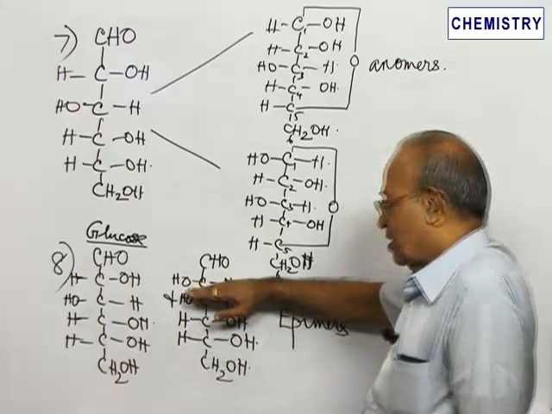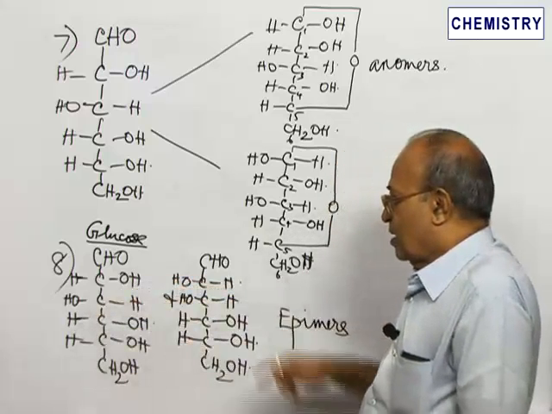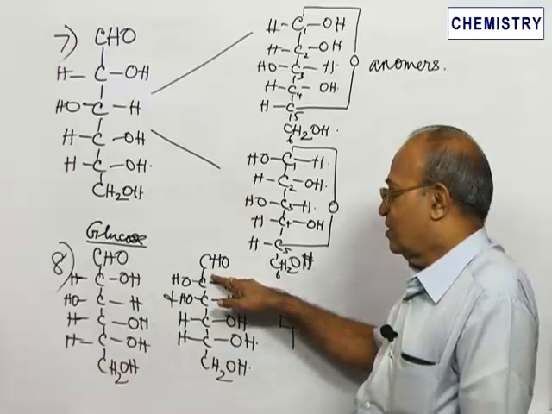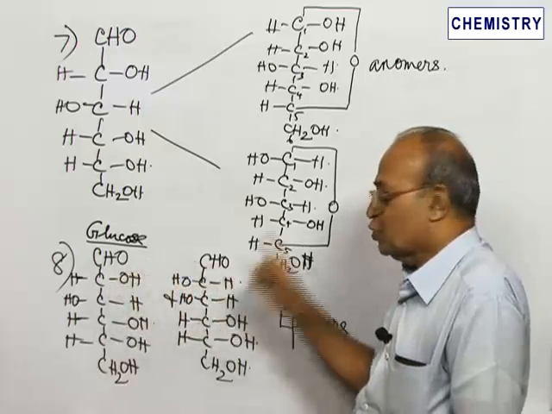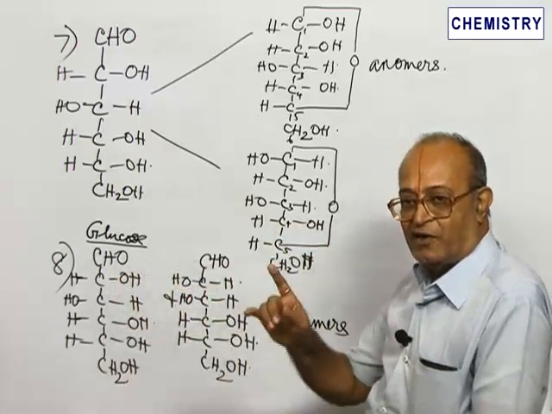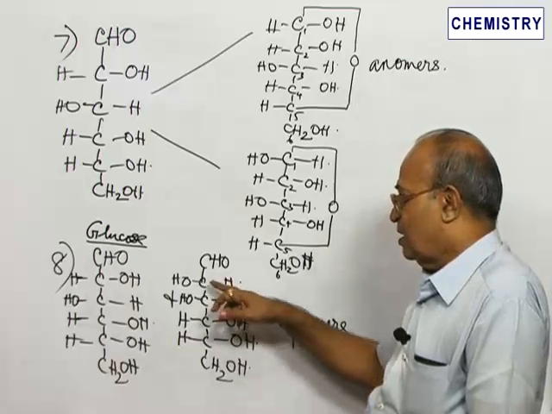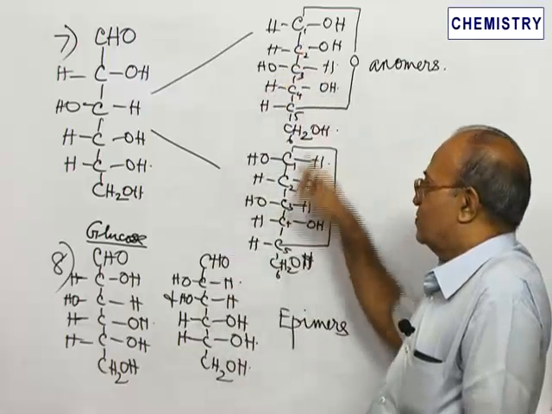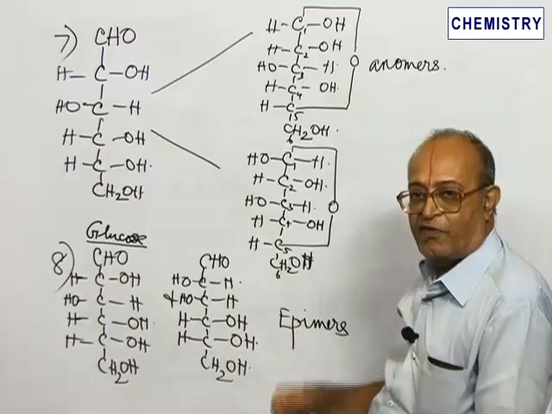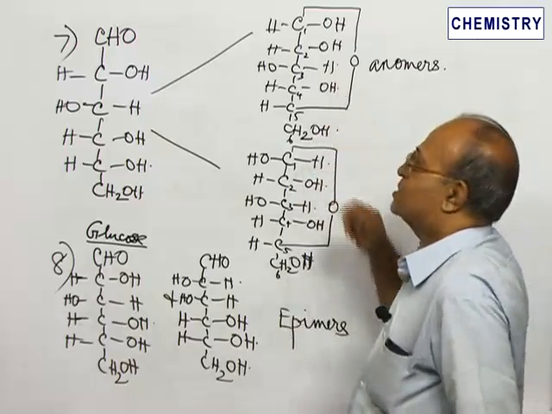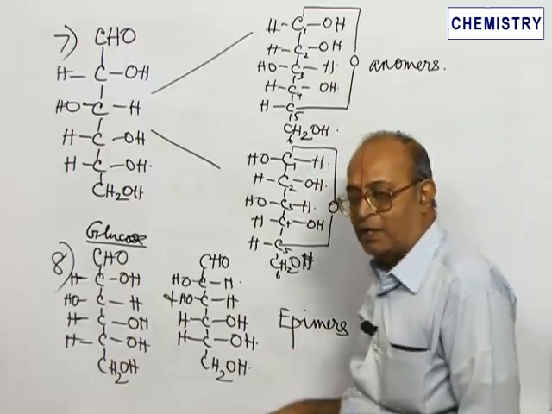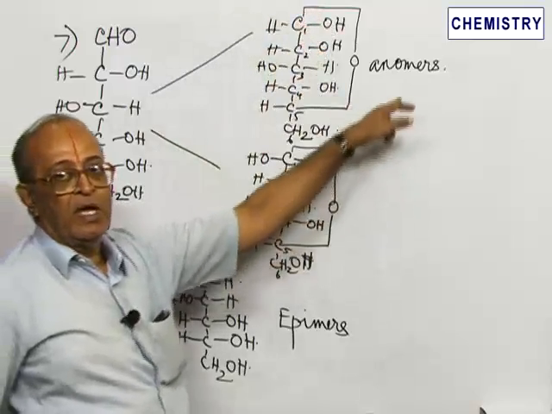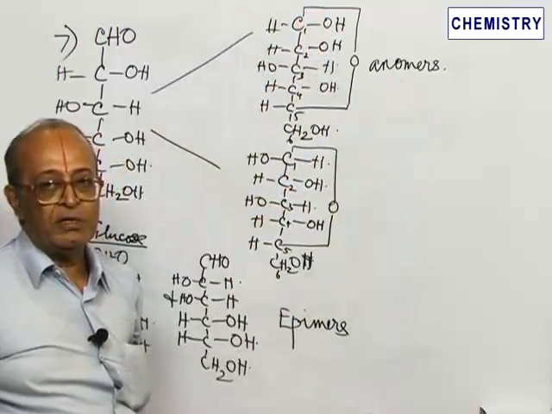Of course, by looking at these two, up to this, both are similar. If you come to carbon number 2, again we notice between these two a difference in the configuration of the second carbon, not the first one, as in the case of these two. If you have two ring structures differing in configuration around carbon number 1, these are known as anomers.